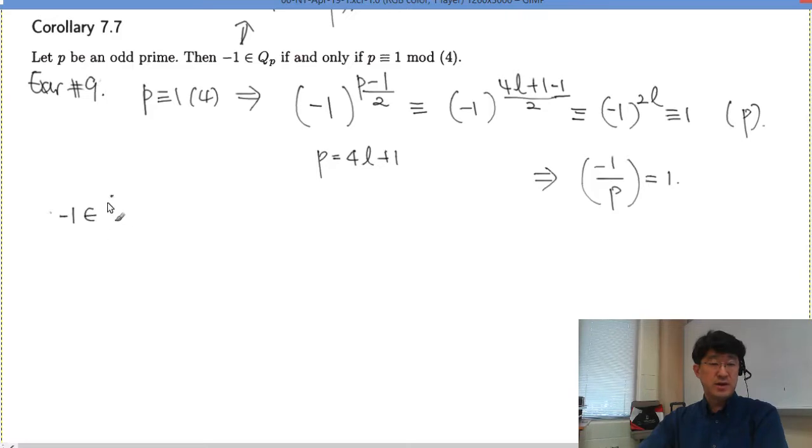If negative 1 is a quadratic residue, what are you going to do? That's right. It is congruent to 1 mod p.